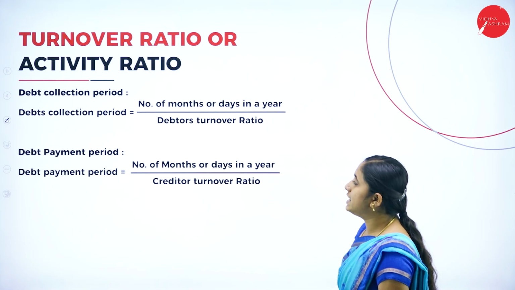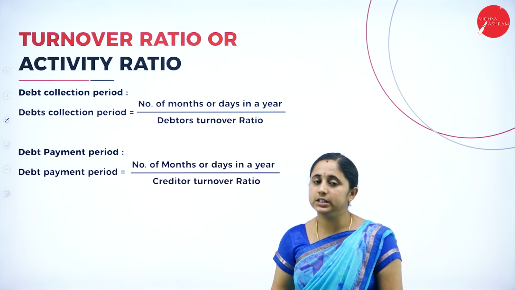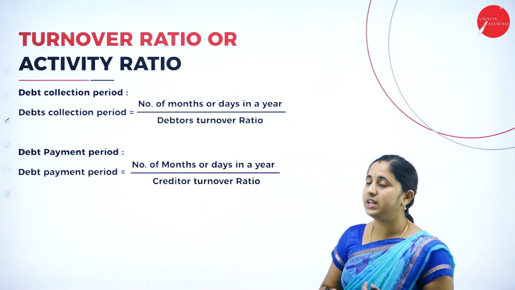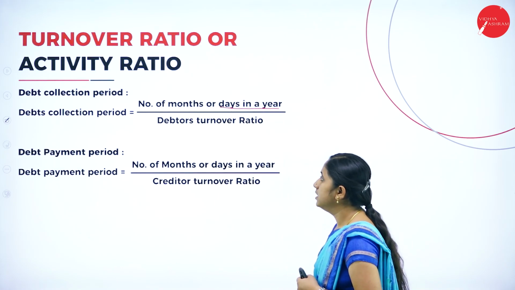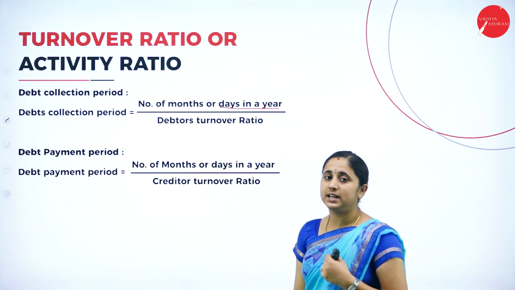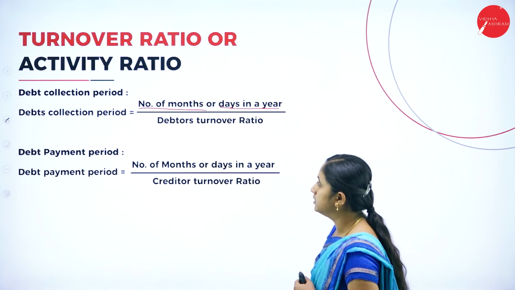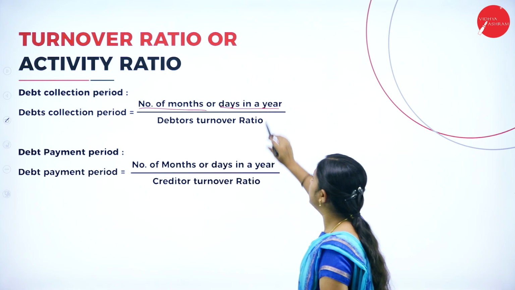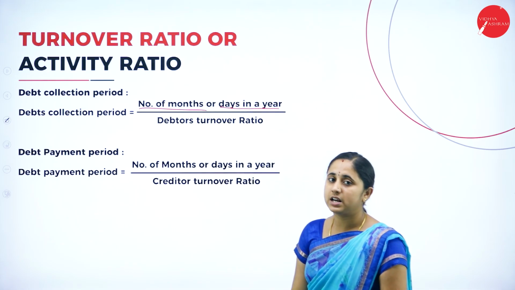If you want the debt collection period in number of days, you consider the days in a year; if in months, you consider the number of months. Debt collection period is equal to the number of months or days in a year divided by the debtors turnover ratio.